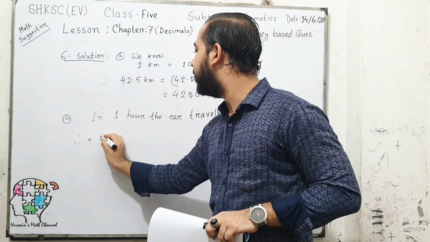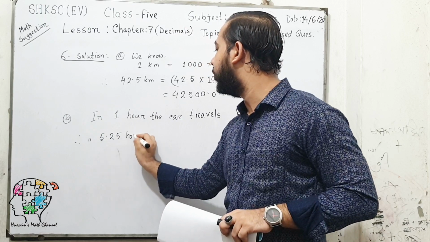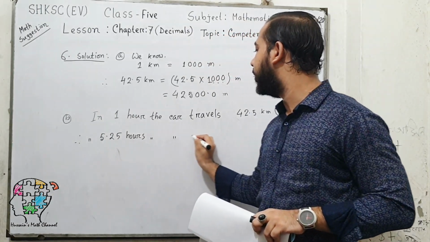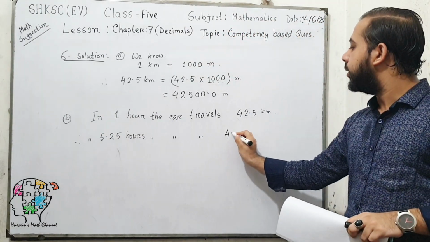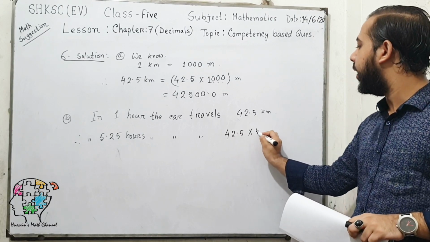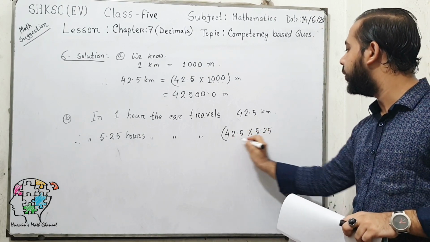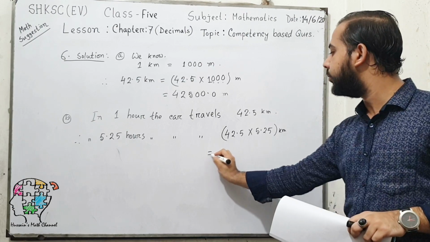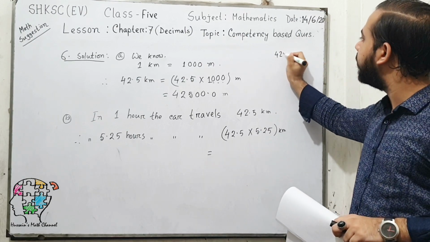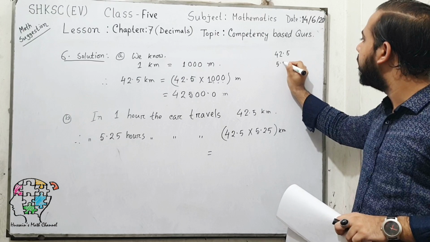Therefore in 5.25 hours it will move more. So we will do multiplication, 42.5 times 5.25. Now we will do rough and write the answer, 42.5 and 5.25.